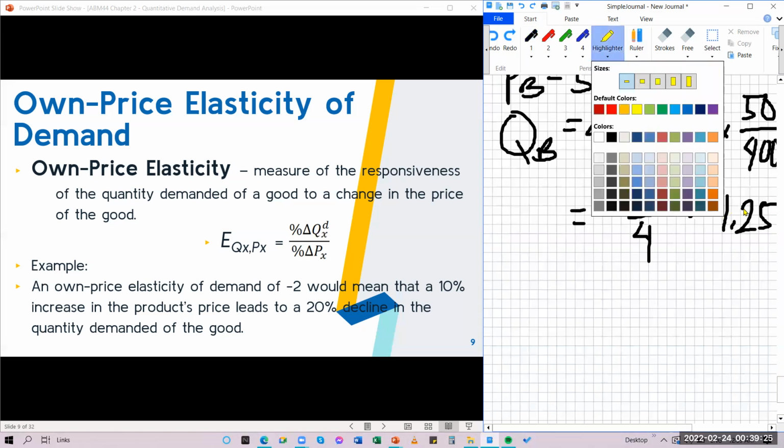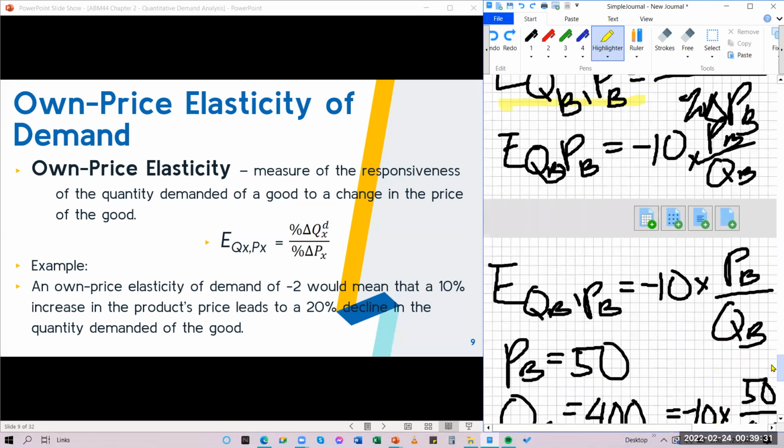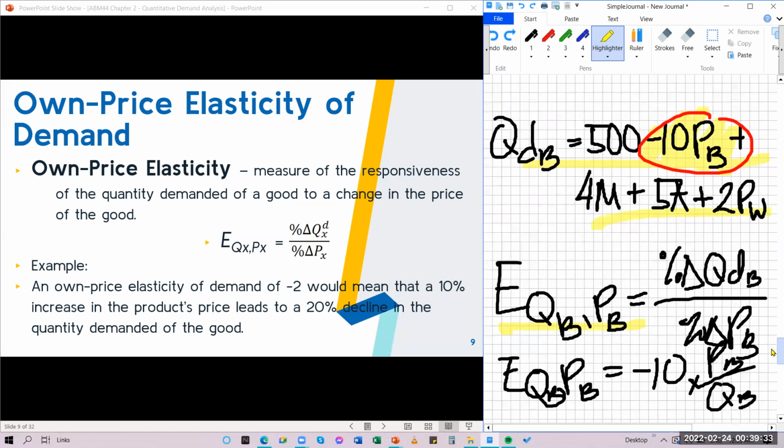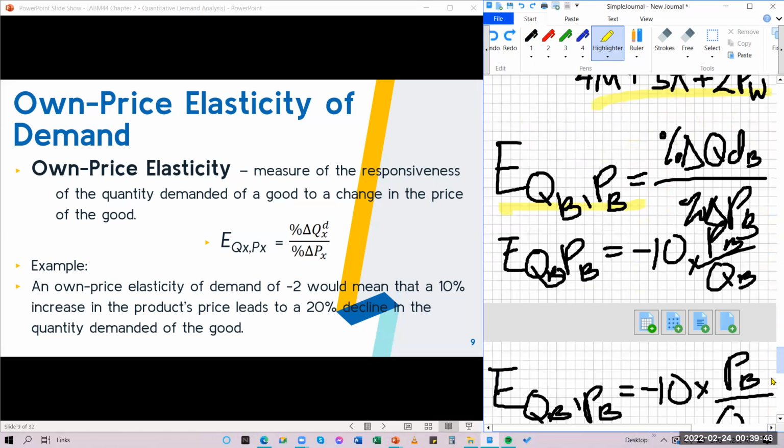So this would be the answer with regards to our problem. The problem would probably be to solve for the own price elasticity given this formula. Again, ato naman nakita that would be a negative 10 PB. So that is variable. Okay, so let's continue.